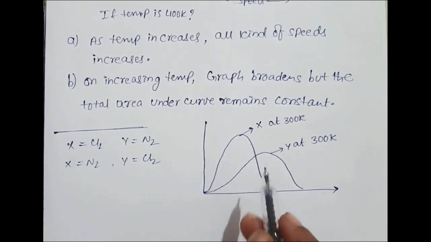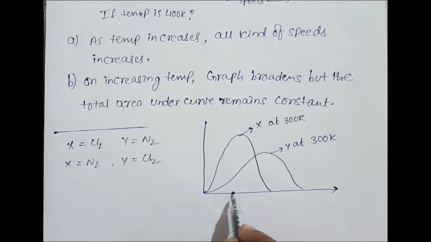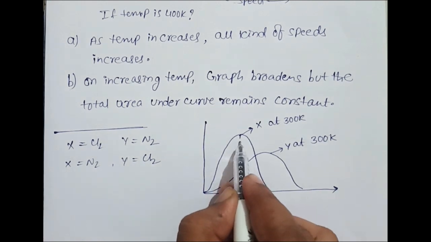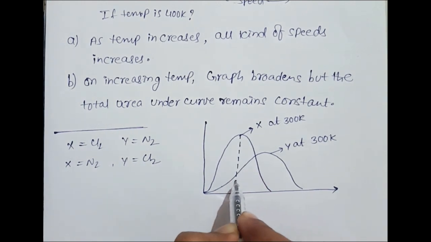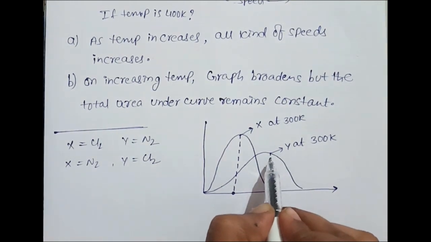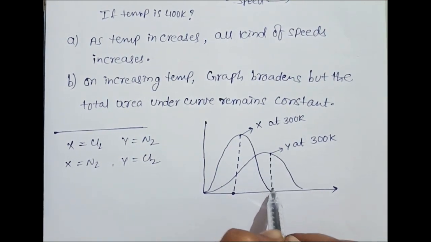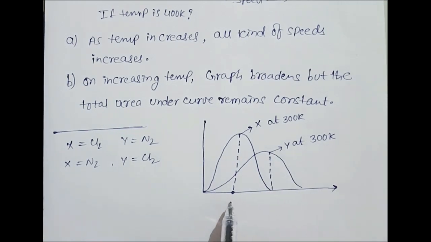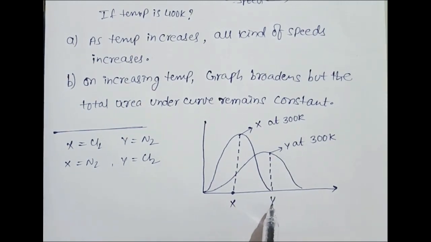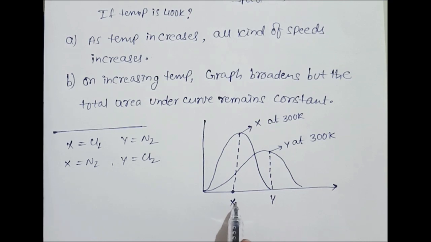Got it? So here I can apply a very simple point. This is the most probable speed of X gas, this is the most probable speed of Y gas. Let us say this is X, this is Y. Here X is less than Y. Is it clear?